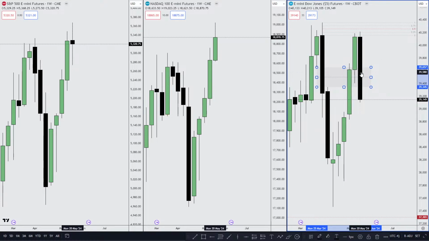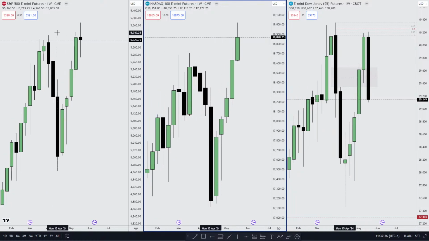So naturally, you do not want to see the weekly candle close below this fair value gap, right? However, this is what we got this week, so I'm anticipating lower prices for Dow Jones. And if you take a look at the highs, there is SMT between the three indices compared, which was what I was anticipating as well.